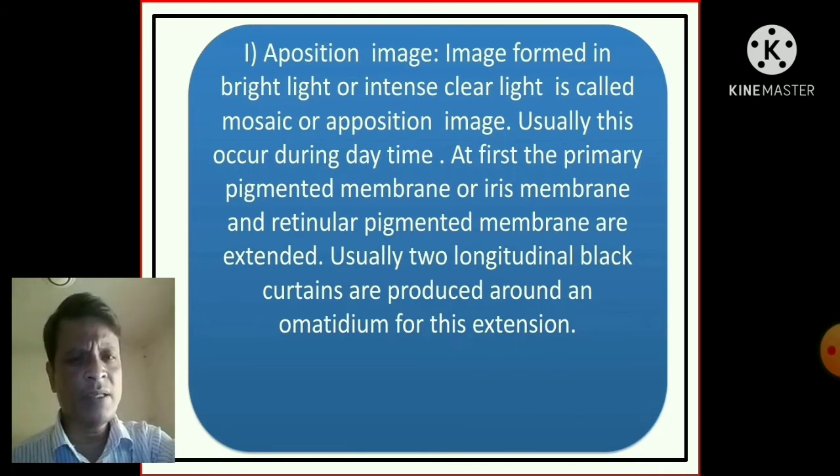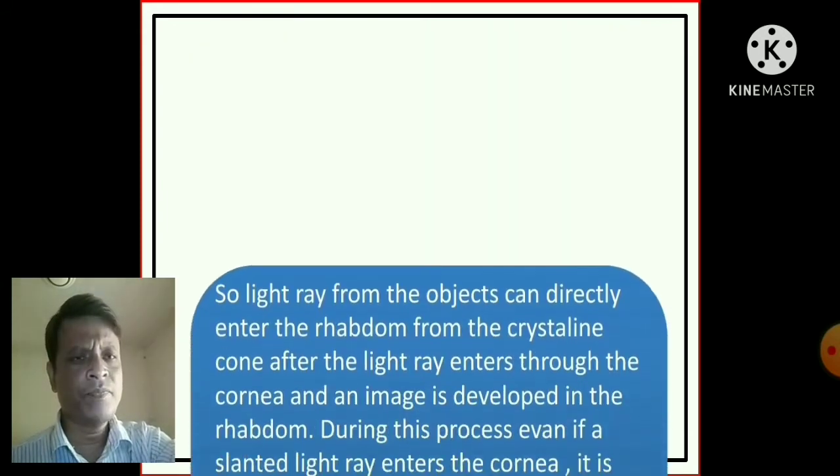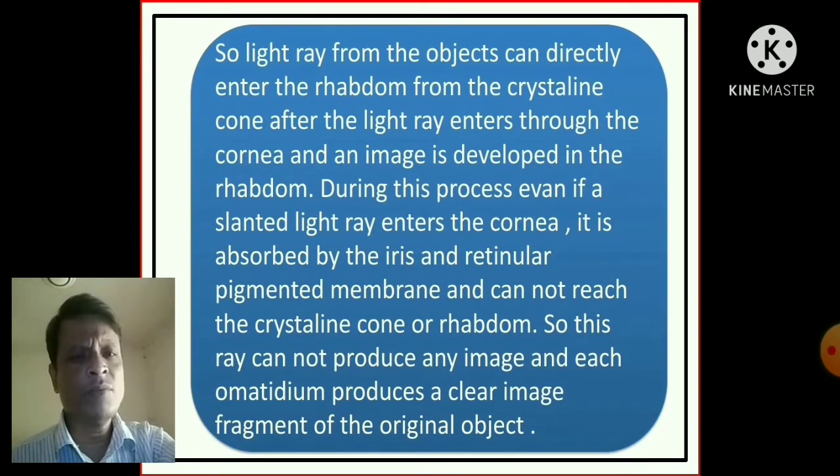At first, the primary pigmented membrane or iris membrane and the reticular pigmented membranes are extended. Usually two longitudinal black curtains are produced around an ommatidium by this extension. So light rays from the object can directly enter the rhabdom from the crystalline cone. After the light ray enters through the cornea, an image is developed in the rhabdom.